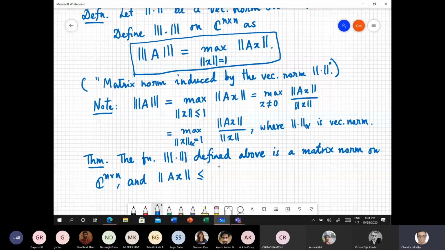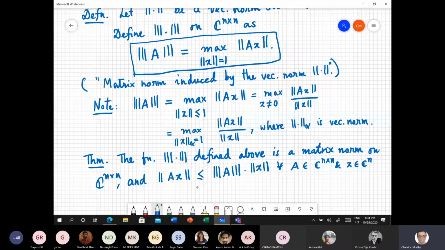This is less than or equal to the norm of A times the vector norm of x for every A and x in C to the n.